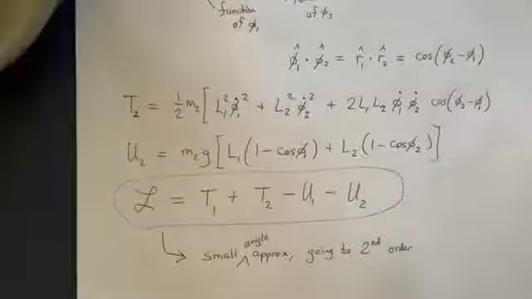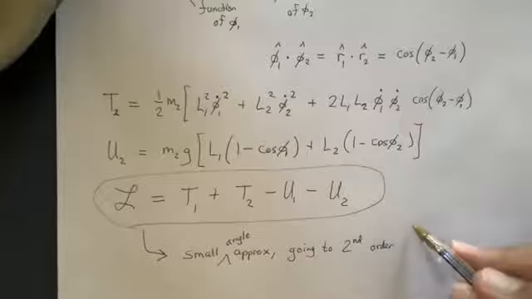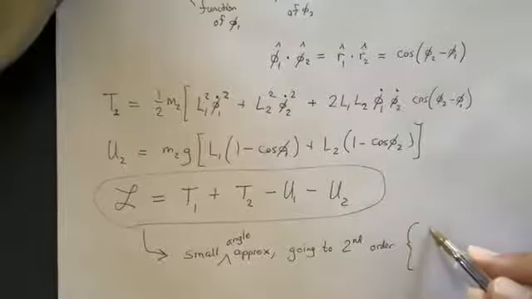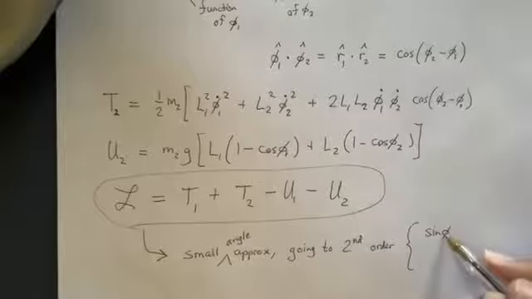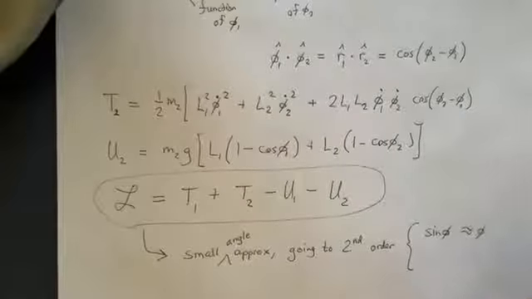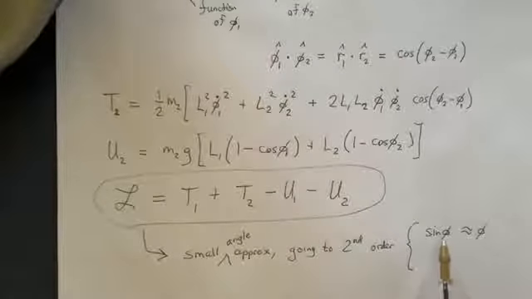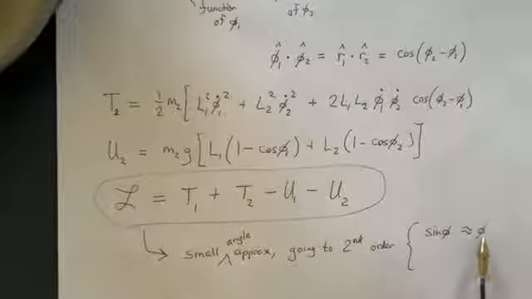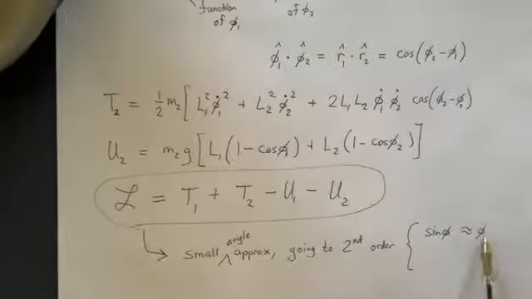Okay. And so if you go to second order, then there are the following general truths. The sine of an angle is approximately equal to the angle itself. The reason is the next term, if you look at the Taylor series for the sine, the next term is the cubic. There's the linear term, the quadratic term vanishes, and the next term is the cubic. But we're going to second order, so we're happy stopping here.